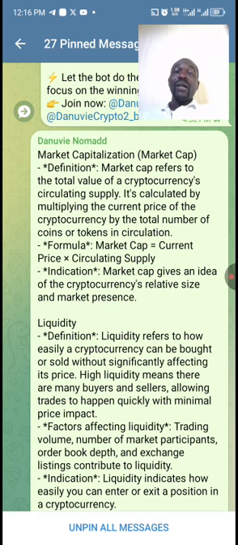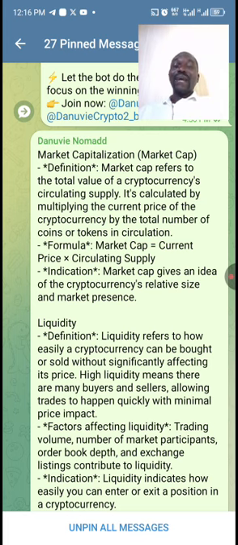Market cap refers to the total value of a cryptocurrency's circulating supply. Let me explain this. A cryptocurrency like, let's say, Bitcoin, Solana, Ethereum.